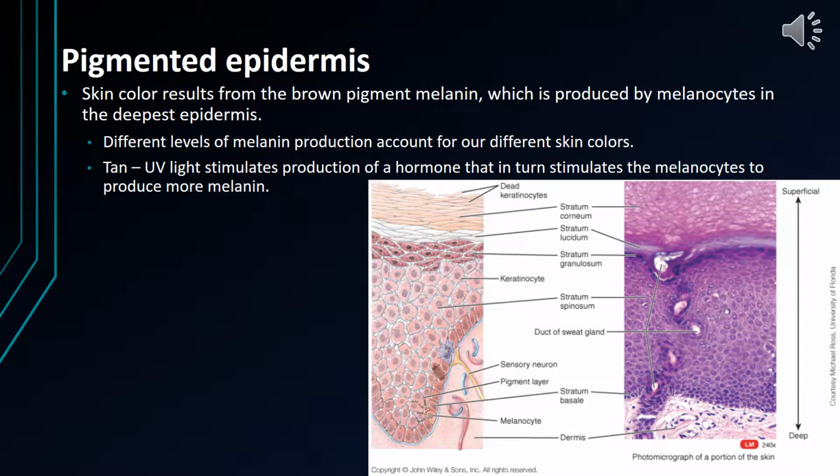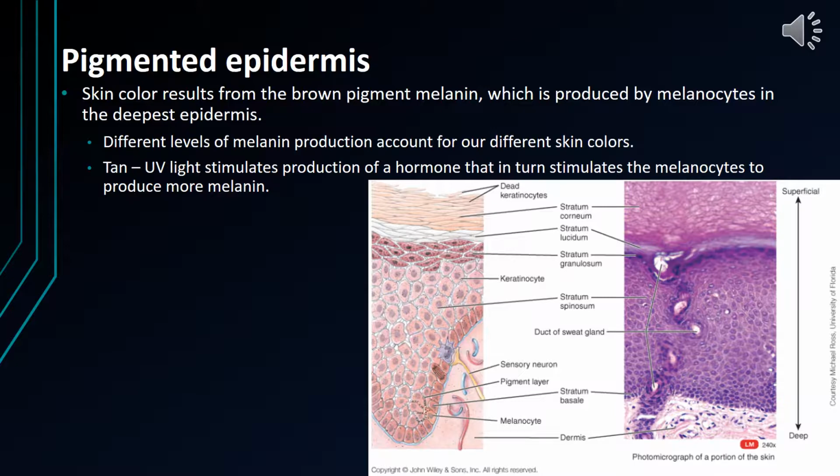The epidermis is also the pigmented or colored layer of the skin. Skin color actually results from the brown pigment melanin, which is produced by the melanocytes in the deepest part of the epidermis. Everybody has melanocytes, but they actually produce melanin at different levels within an individual, which accounts for the different skin colors in humans.